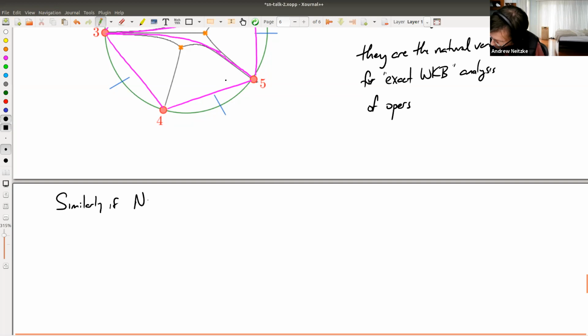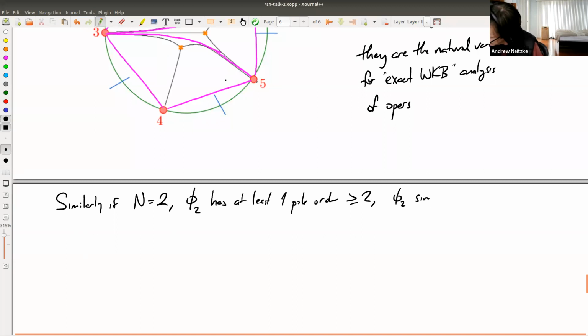Similarly, if we have, still with n equals 2, I take phi 2 to have at least one pole of order greater than or equal to 2, phi 2 has only simple zeros. I have to put a lot of conditions. And theta is not one of these special BPS phases.